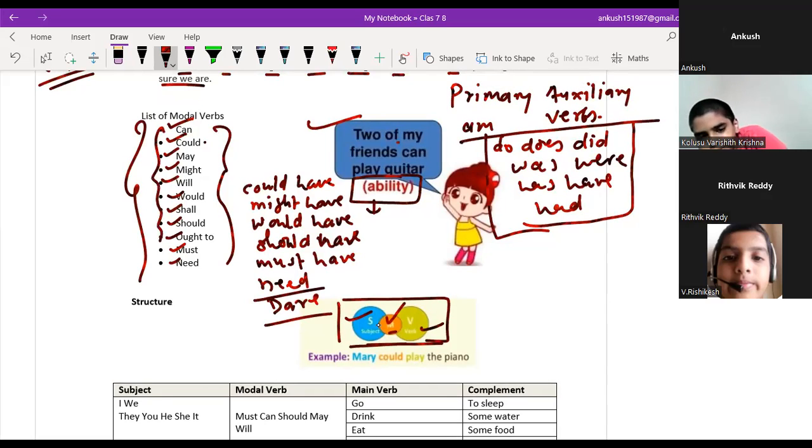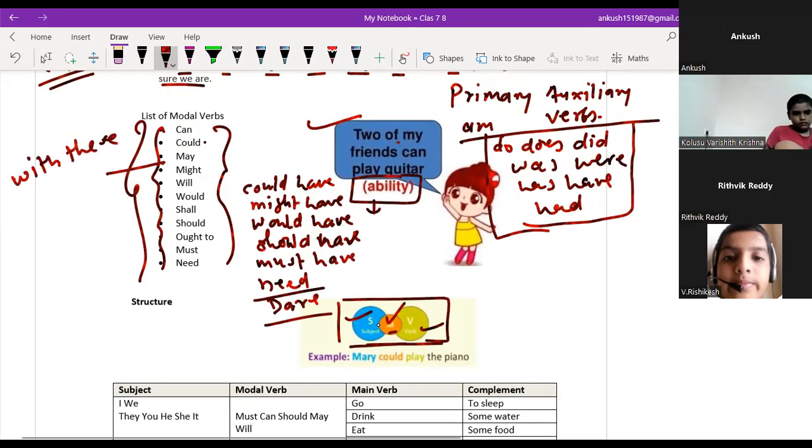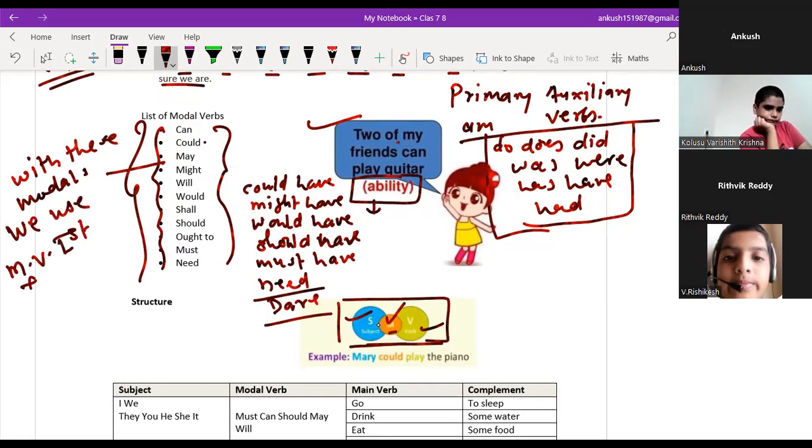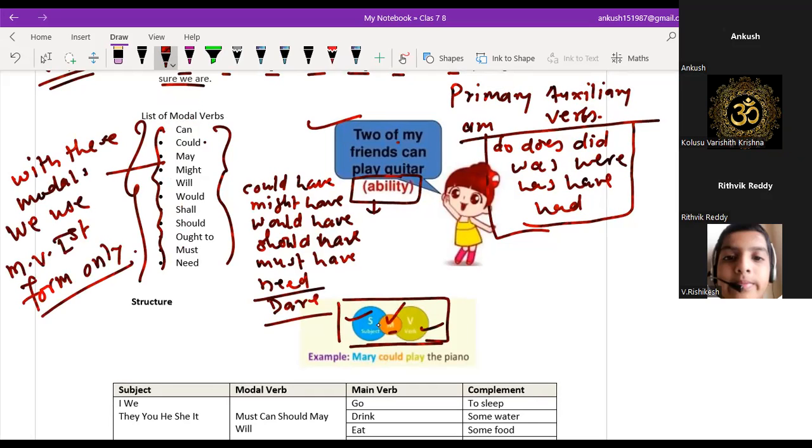Yes. Okay. Whenever you are using all these modal verbs from here, with these modals we use the main verb first form only. This is a very important thing that you have to keep in mind.